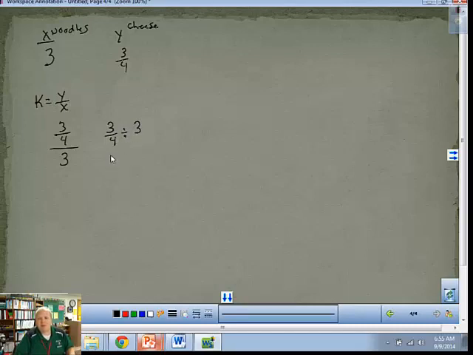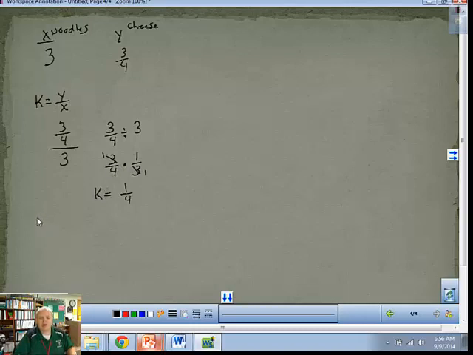First off, everything's in improper or proper. So I'm going to go 3/4 and multiply by my reciprocal. My 3's cancel each other out. Well, they don't cancel, but they equal 1 because the greatest common factor is 3. Now I multiply that across. So my K here equals 1/4.